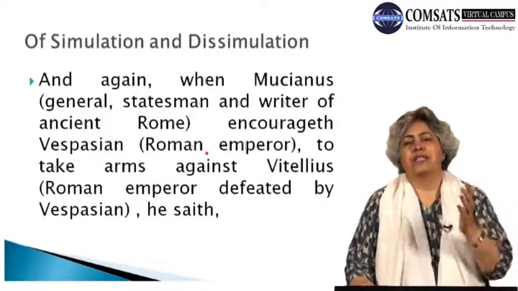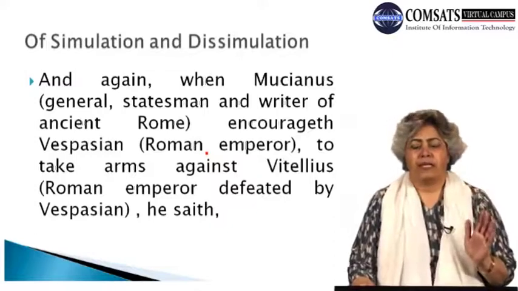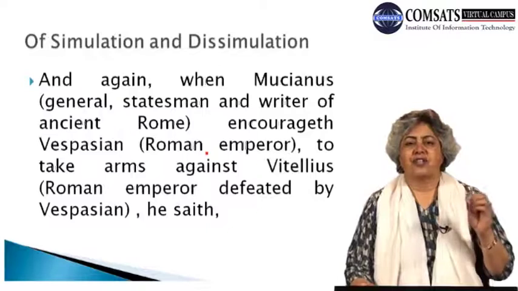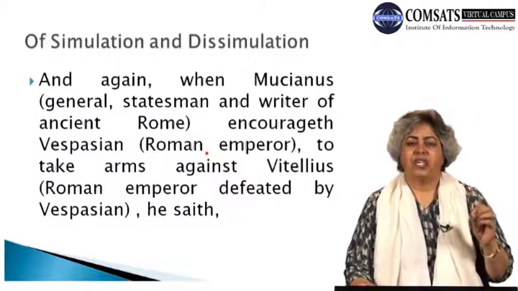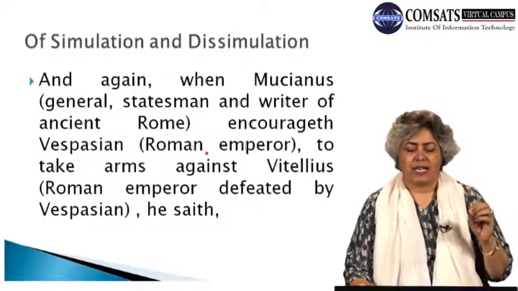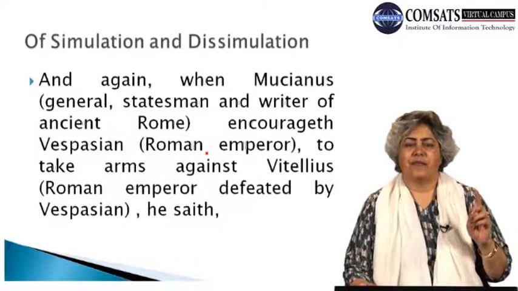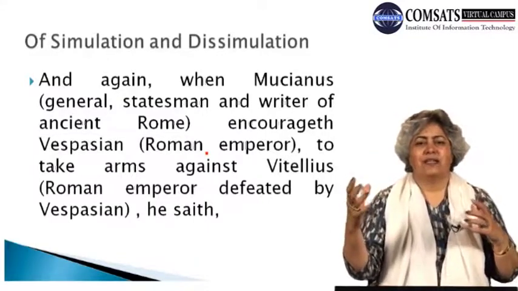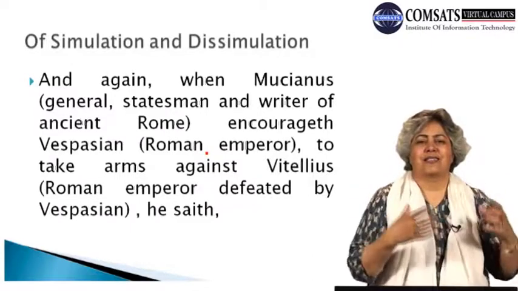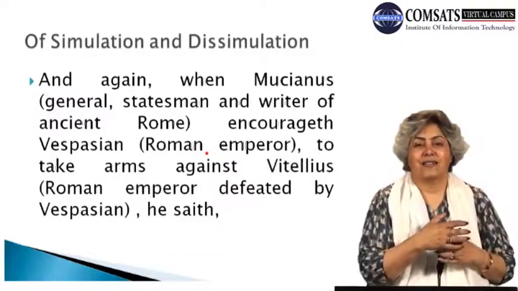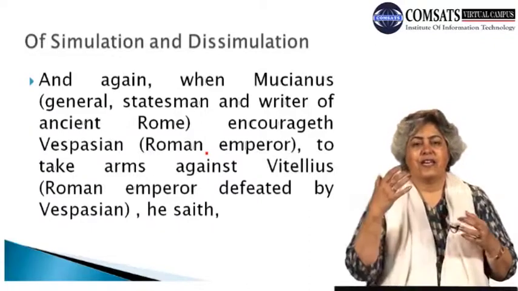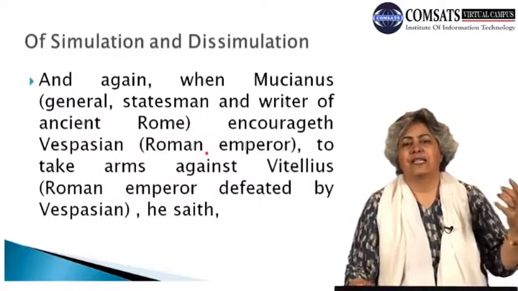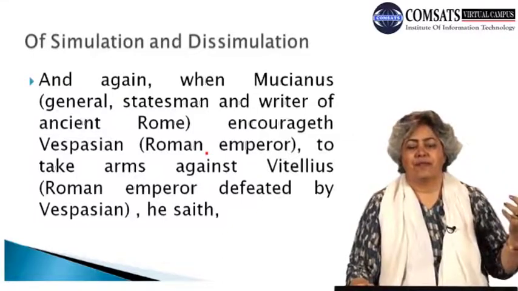And then he takes this example further, and he says, again, when Mucianus encourageth Vespasian to take arms against Vitellius, he says, so this is one statesman encouraging, enticing, inciting the emperor to take up arms against another emperor.